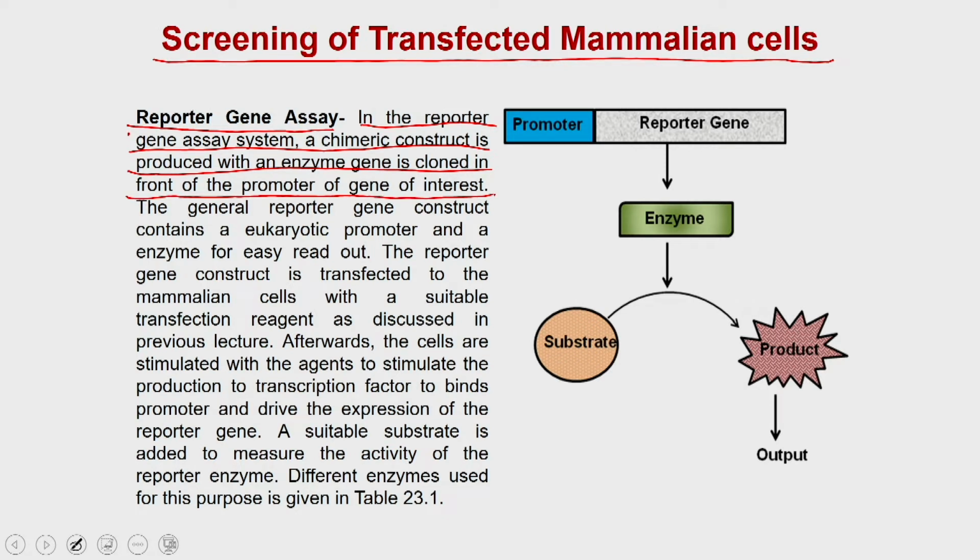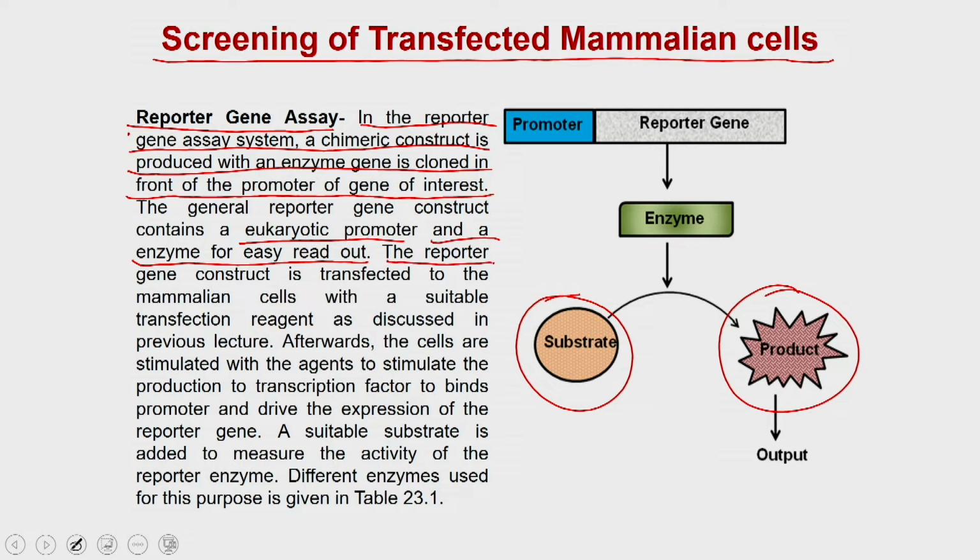So, the reporter construct contains a eukaryotic promoter, so that you will be able to produce that particular gene utilizing the cellular machinery of the mammalian cells, and an enzyme which is going to give you a readout, which means this enzyme processes a substrate to a product, and this product may give you some kind of fluorescence or luminescence or some kind of readable product.